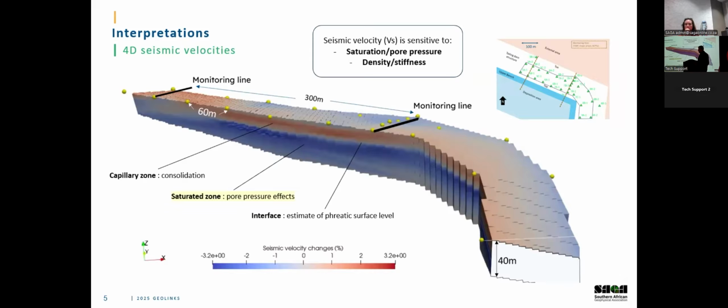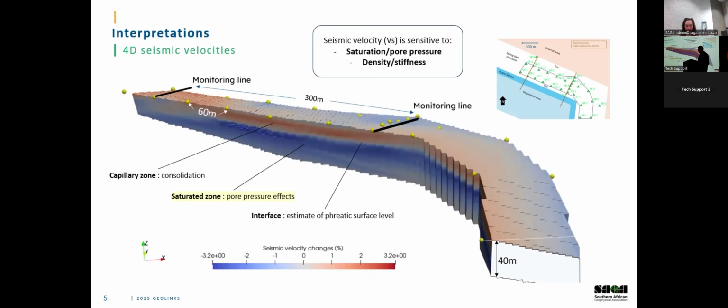The red zone, we correlate with the capillary zone, where natural consolidation and desiccation is taking place. And the blue zone is below the phreatic surface, where it's saturated and where pore pressure effects are predominating. The interface between them is our estimate of the phreatic surface level.